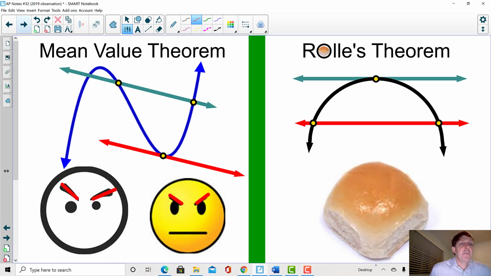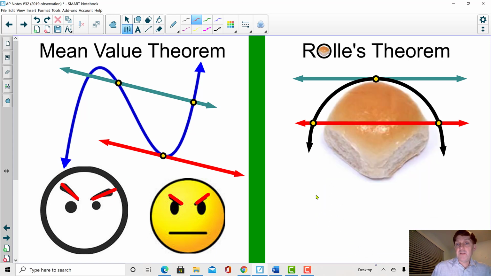Now, this is how I remember the mean value theorem and Rolle's theorem. The mean value theorem is when the slope of your secant line is slightly slanted, just like your eyebrows are when you're mean. Someone who's mean has eyebrows that are slanted. And then for the Rolle's theorem, I always remember that a roll fits right in there.